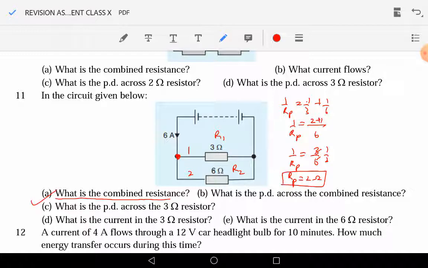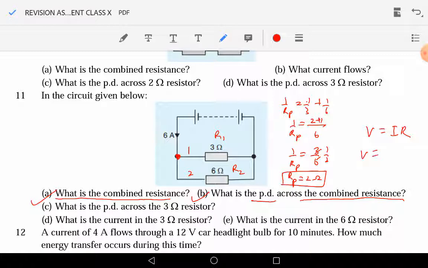Part A done. Moving to part B. What is the potential difference across the combined resistance? Now the total resistance, we have to find out the potential difference across the combined resistance. So now we will apply the formula V is equal to IR.